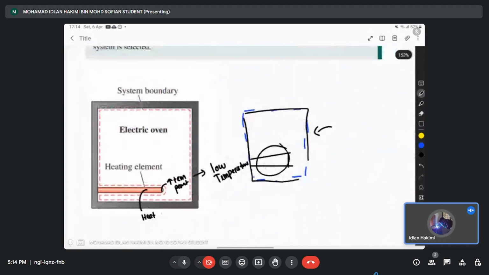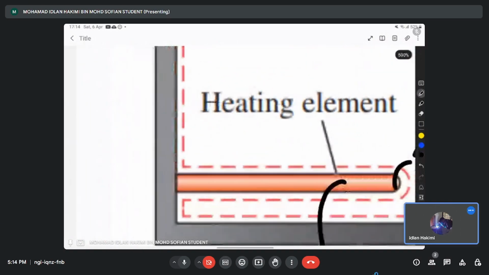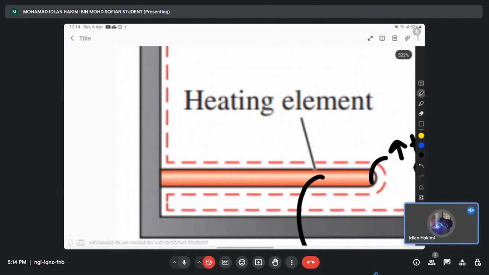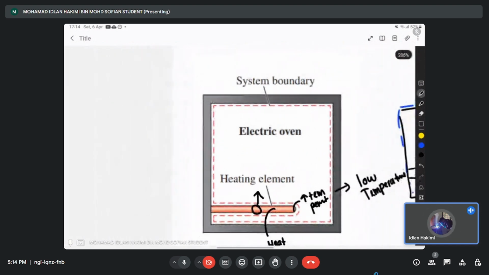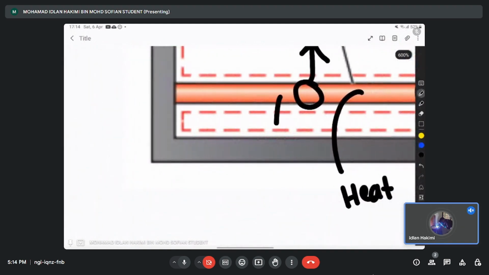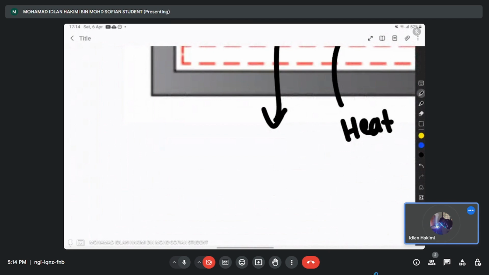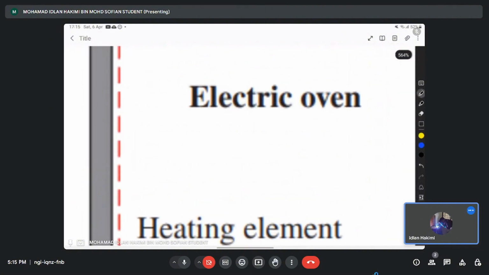So this heating element gives heat, and the heat is transferred from the heating element through the system boundary into the system. For example, this temperature is 200 degrees, so in the electric oven the heating element is at 200 degrees.